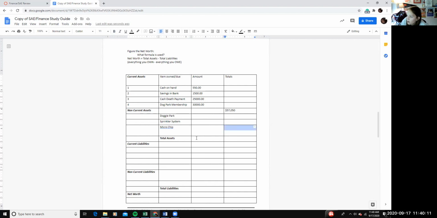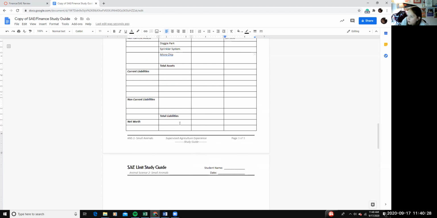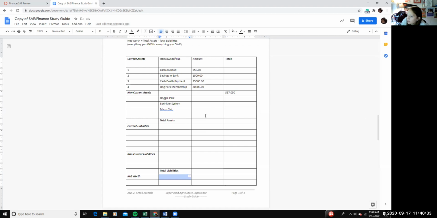And then right here, you would put the total of both of them. So you would add $57,550 plus whatever total you get for all three of these and put that there. And then you go and you do it for liabilities, the same thing. And then down here, you'll use our formula from up there and do total assets, which you'll get here, and you'll minus it by your total liabilities to get your net worth, which you'll put right here.